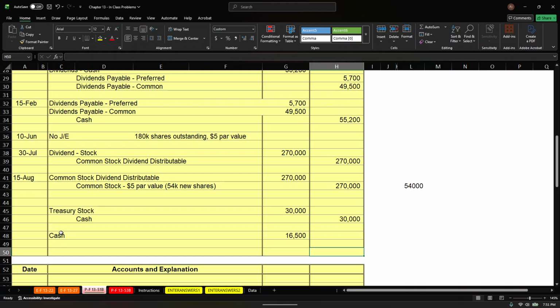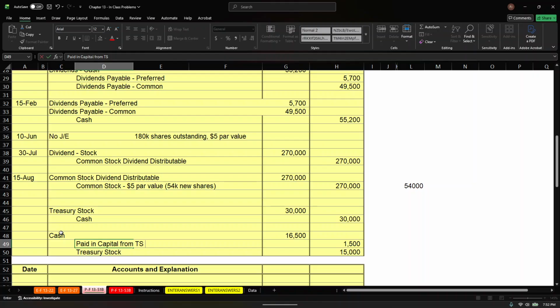We're going to conduct our transaction for the treasury stock account at $10 per share. That's our cost basis. So that's how much we're going to credit treasury stock account. And we're going to have this little gain of 1,500 bucks. That's going to go into paid in capital from treasury stock transaction.